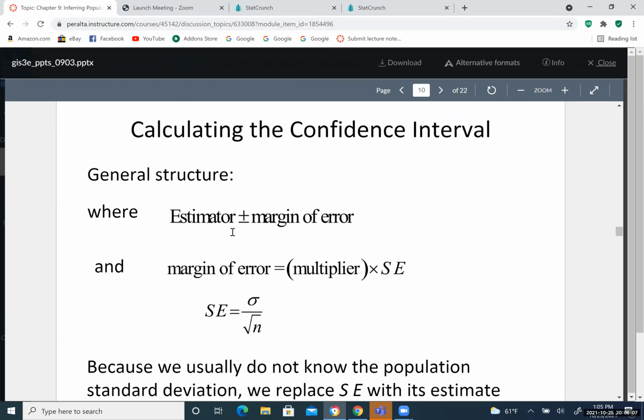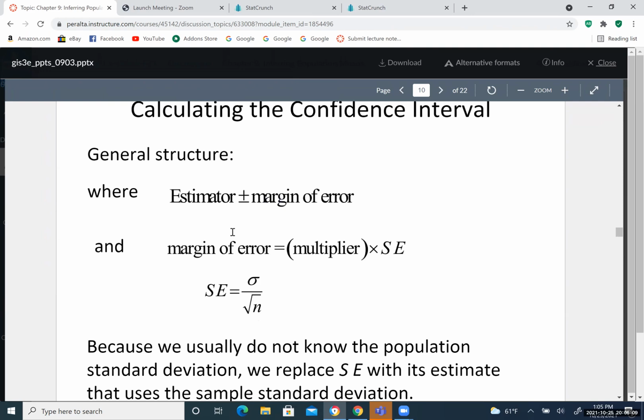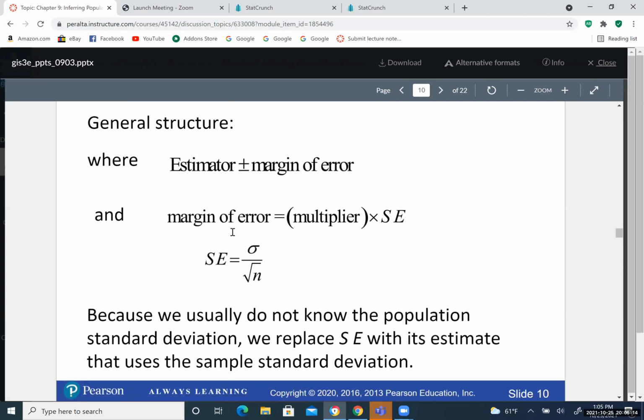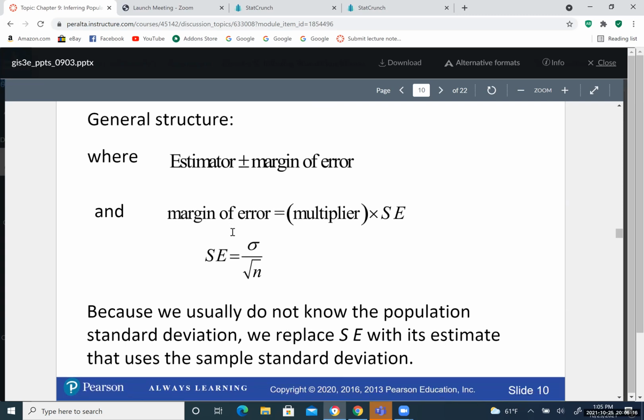Calculating the confidence interval. So here they're showing us how to calculate the confidence interval in this section. We're going to have the estimator plus and minus the margin of error. The margin of error has a different formula, which is down here. To compute the margin of error, you multiply the multiplier with the standard error, and the standard error has a different formula, which is equal to sigma divided by square root of n.